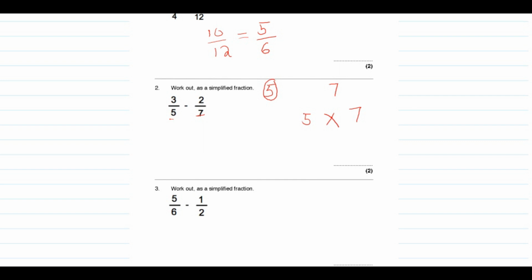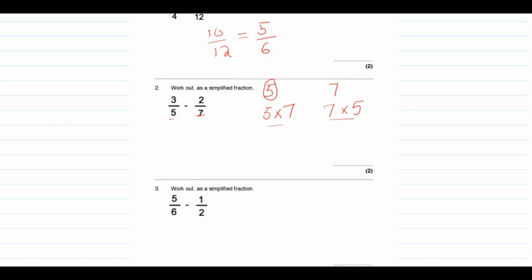The other way of making the denominators, which means the bottom numbers, equal is that you have to multiply both numbers with each other. Alright? That means 5 times 7 and 7 times 5.